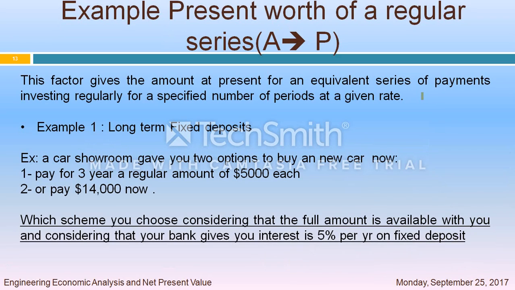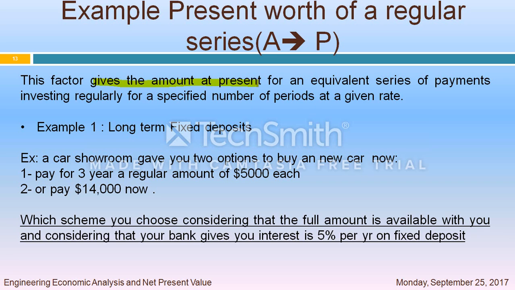The last payment method on annuity is the present worth of a regular series of payments. This factor gives the amount at present for an equivalent series of payments invested regularly for a specified number of periods. So it gives the amount at present.